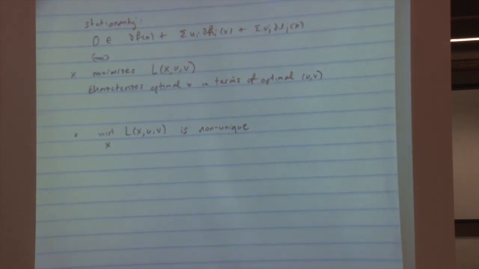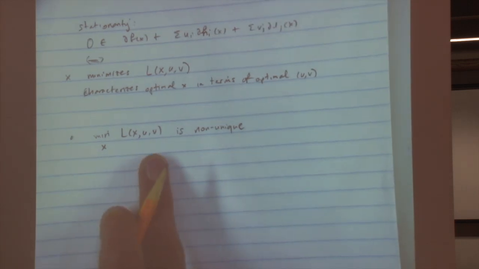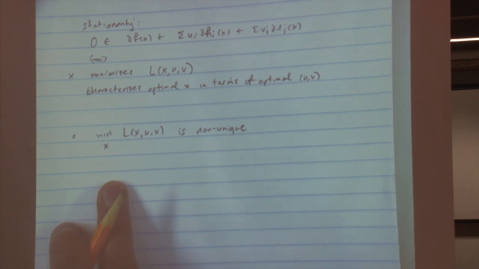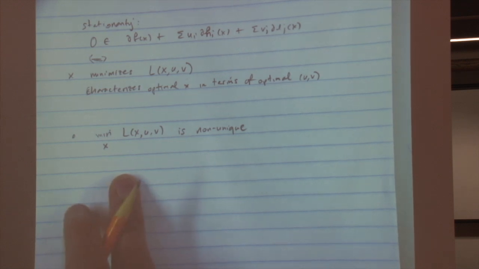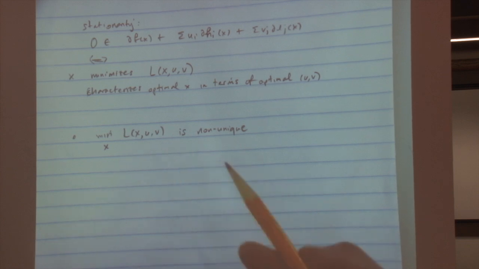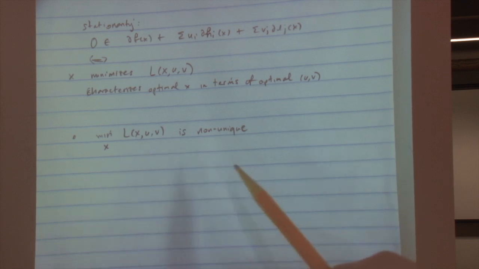Let's suppose that there's more than one point x that minimizes the Lagrangian at u and v. Well, in this case we're not going to be told an explicit form for x, because all we know is that x is a minimizer of the Lagrangian. The KKT conditions tell us that x must minimize the Lagrangian if we stick in the optimal u and v, but we don't know which one of the minimizers it is.